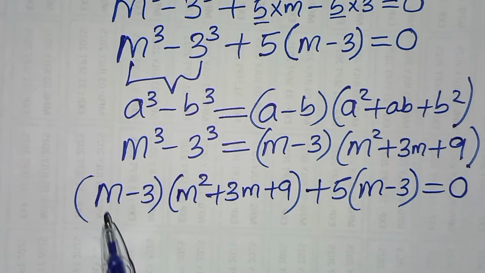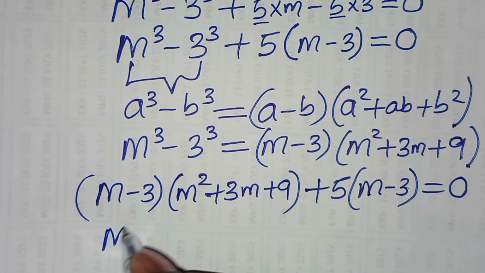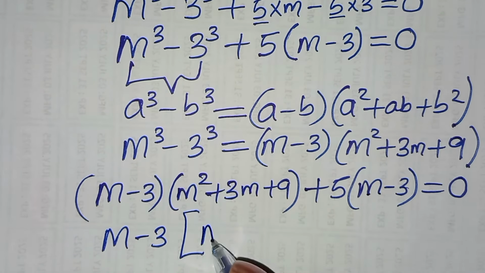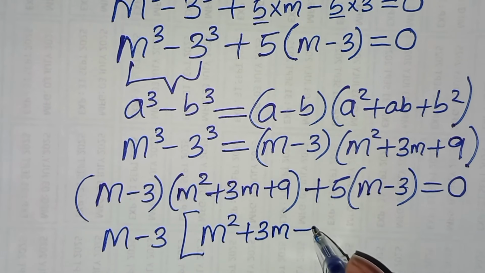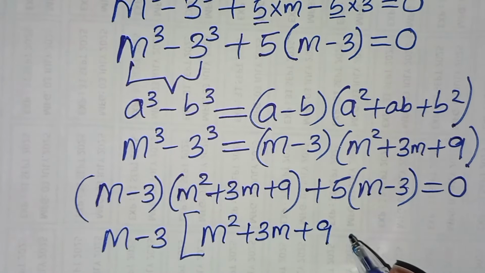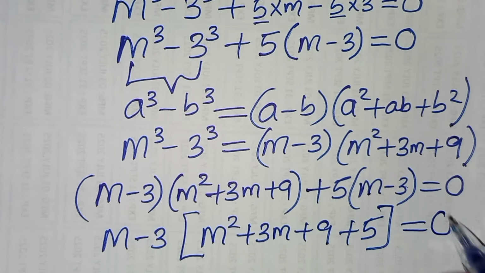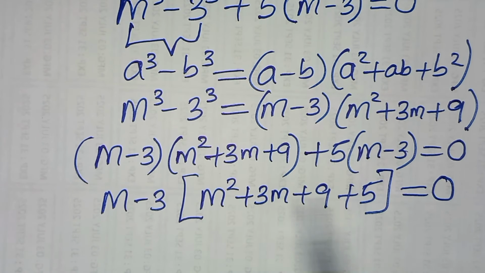The next step here, m minus 3 and m minus 3 is common. So we factor out m minus 3, so that here we'll have m squared plus 3m plus 9 plus 5, close the bracket, this is equal to 0. Now this implies that we have two parts here.